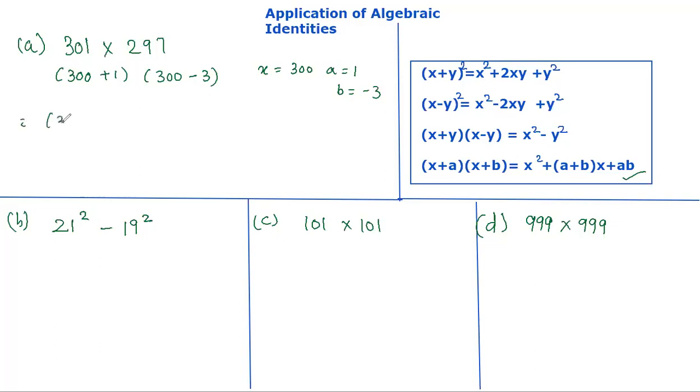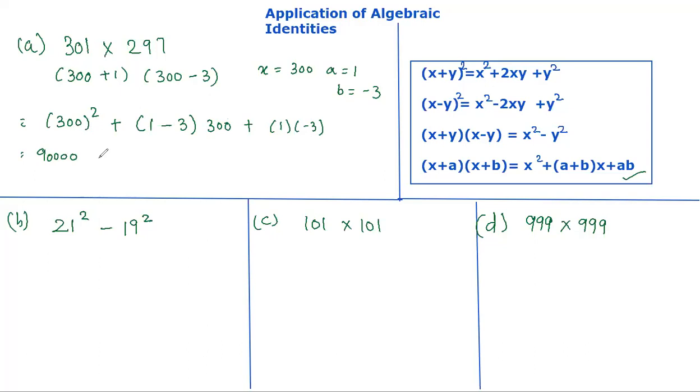So it will be 300 square plus (a plus b) x, what is a plus b? 1 minus 3, multiplied by 300, plus 1 into minus 3. So 3 square is 9, and you just have to double the number of zeros. If I have 2 zeros, it will become 4 zeros.